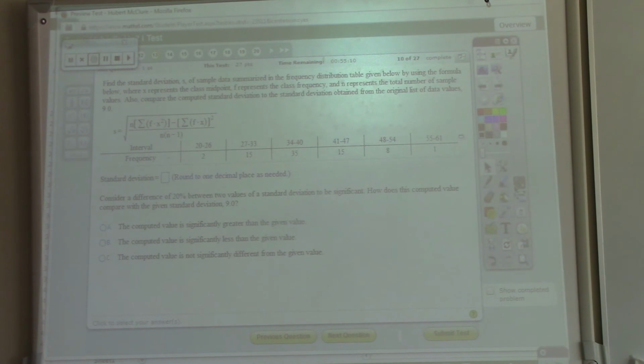They just want standard deviation. Copy it over to the spreadsheet.